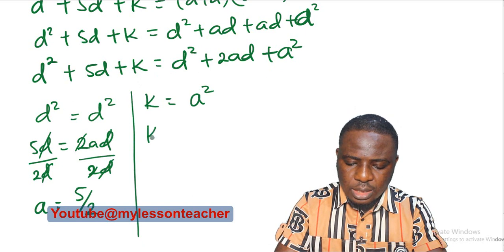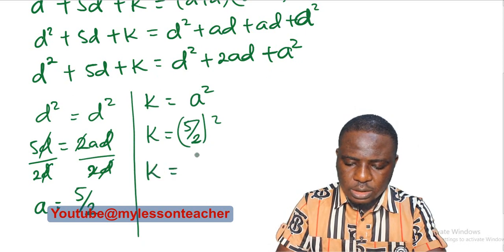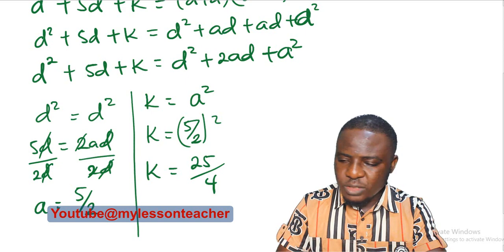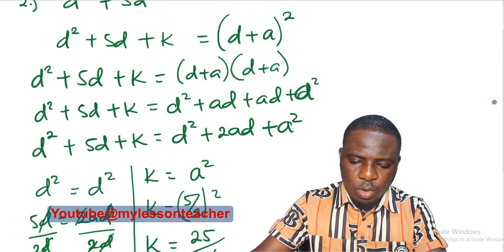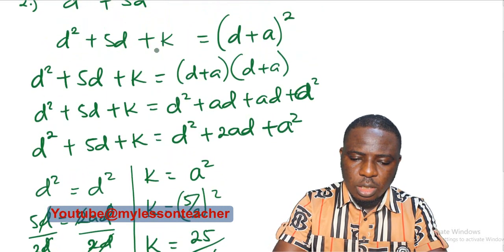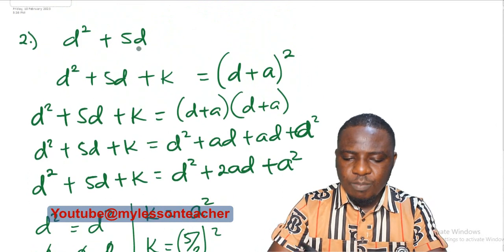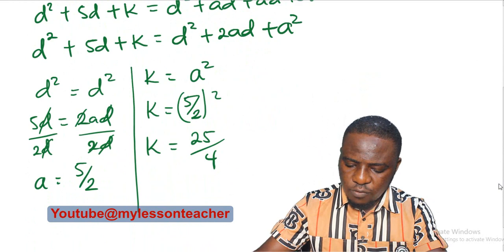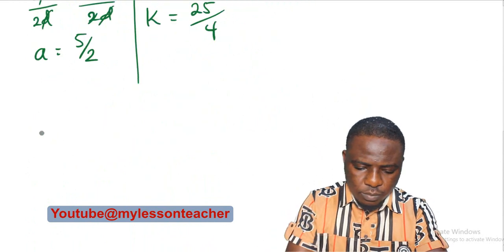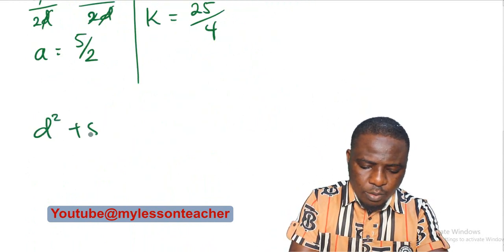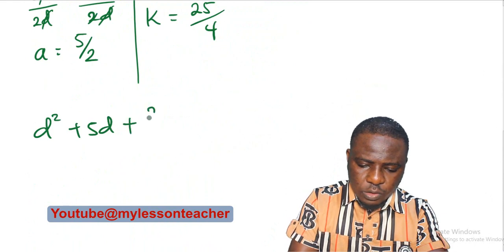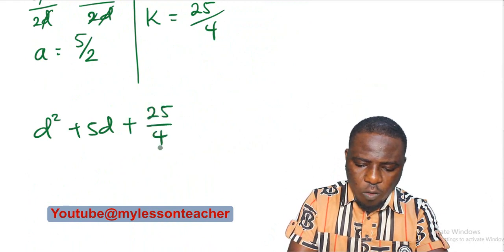A squared. And k is said to be equal to 5 over 2 squared, where k is equal to 25 over 4. So 25 over 4 is that term which, when added to d squared plus 5d, makes it a perfect square. So therefore, I have this to be d squared plus 5d plus 25 over 4.